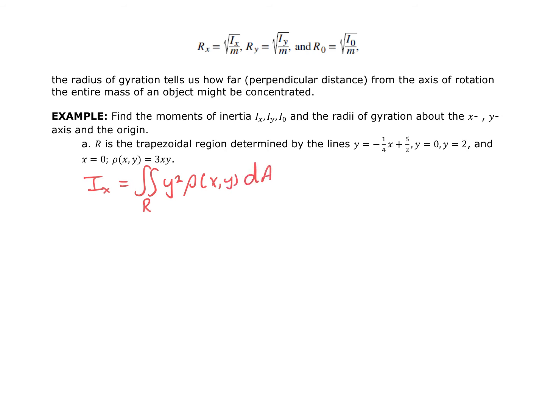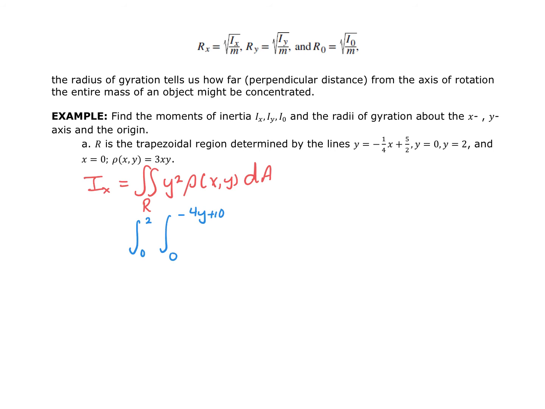I have this trapezoid with these lines, and my equations are pretty much the ones we used in our previous example up above. So my integration is still going to be from 0 to 2, the trapezoid from up above, and from 0 to negative 4y plus 10.